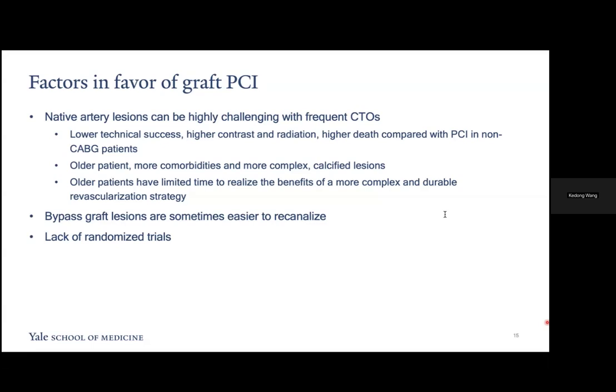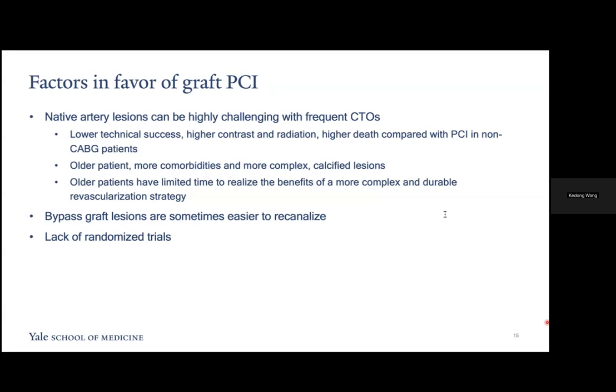And oftentimes we take patient factors into consideration. So these patients, maybe in their 80s or 90s, perhaps have limited time to realize the benefit of undergoing a more risky, complex native vessel PCI. So therefore we defer to fixing the easier of the lesions.